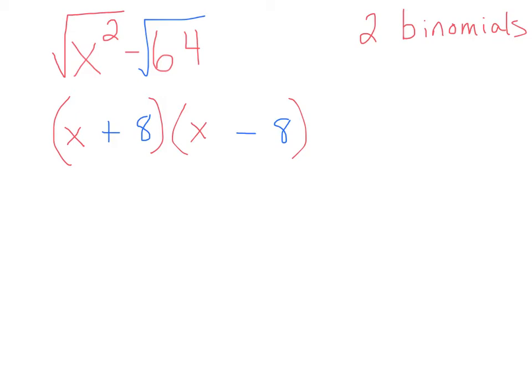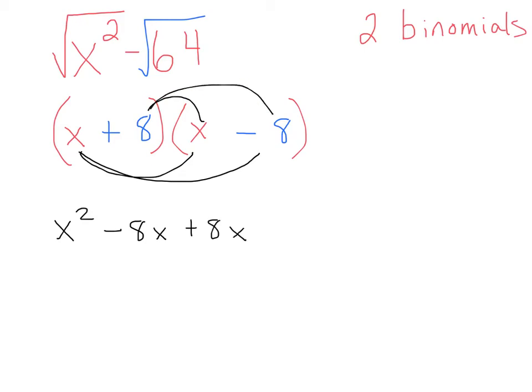Okay, now let's check our answer. Let's make sure that if I were to multiply this out, I would end up with this. Okay, so x times x is? X times negative 8 is? Negative 8x. 8 times x is? 8x.